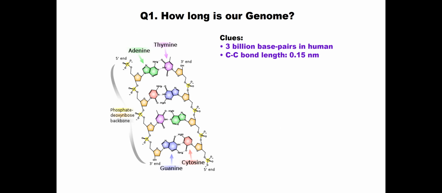In the quiz, we said our genome has 3 billion base pairs. Another hint is, let's say a carbon-to-carbon bond is approximately 0.15 nanometer, 1.5 angstrom. If you put our DNA in one line, then what can be the physical length of our total DNA? Can you calculate quickly?